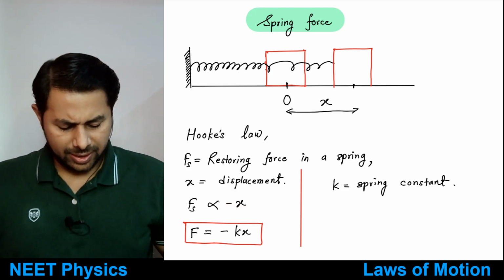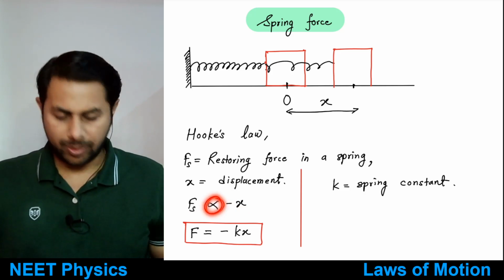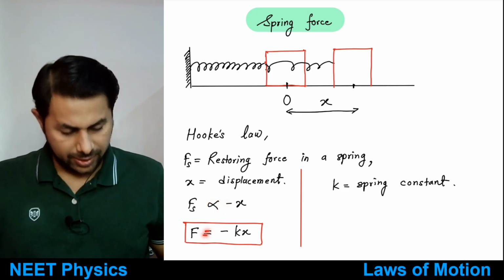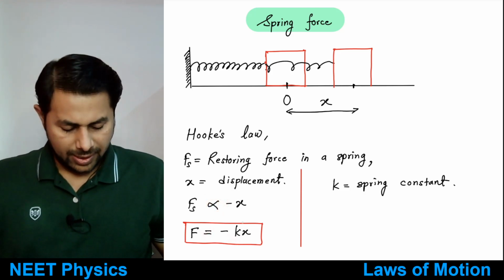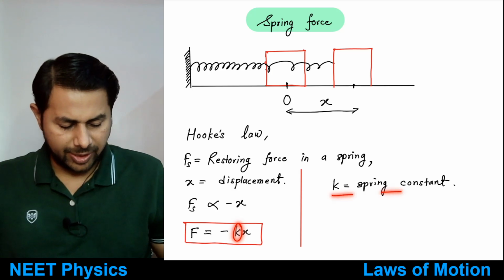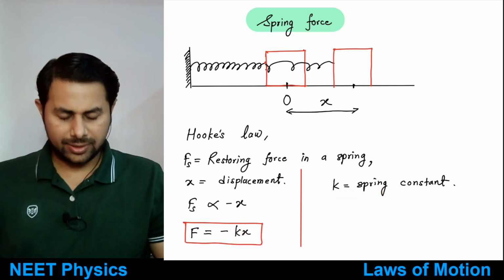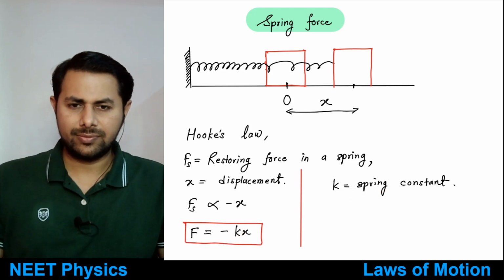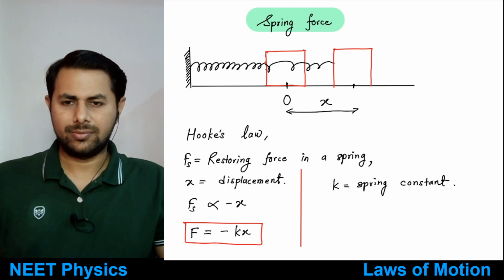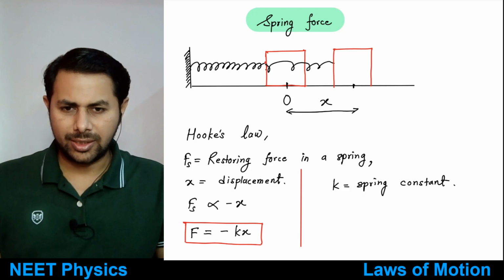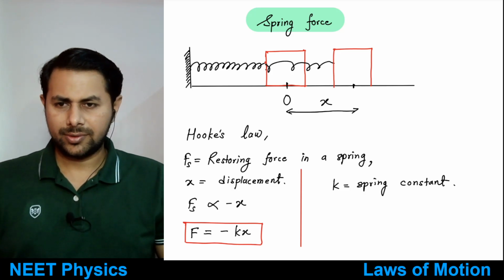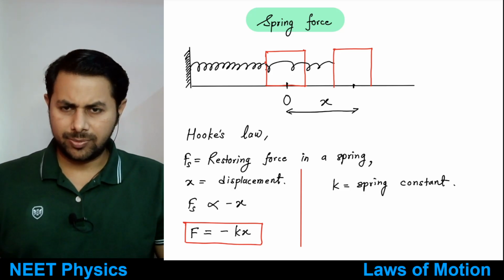If you remove the proportionality sign and put an equality sign, a constant will enter, and this constant k is known as the spring constant. This thing is clear, everyone? Okay, so this is the spring force.